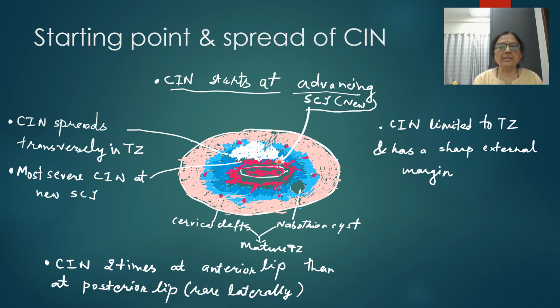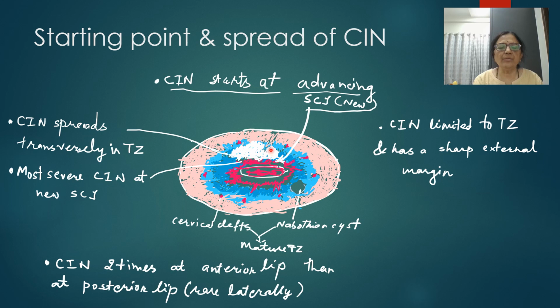Once it starts at the squamocolumnar junction, it spreads transversely in the transformation zone. It rarely crosses the transformation zone, and it is very rare to observe it crossing and going to the ectocervix.